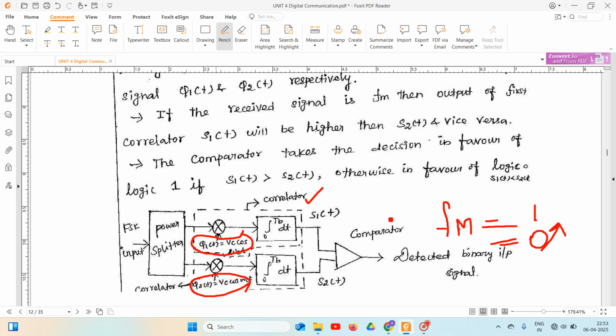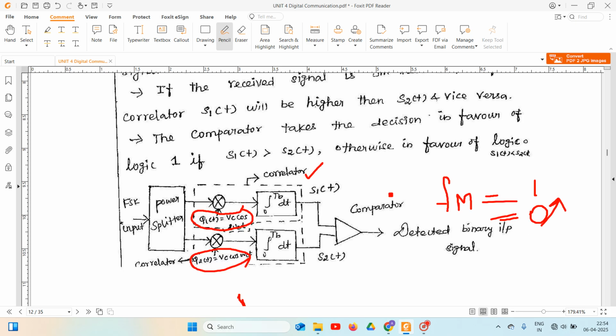Here we are using locally generated signals, a mark frequency signal and a space frequency signal. That is why it is a coherent detector, or coherent based FSK demodulator.